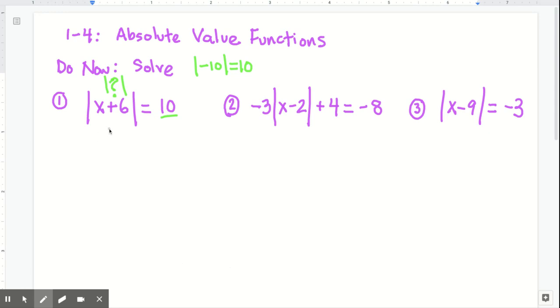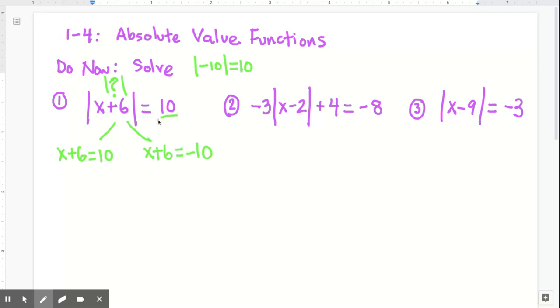So when you have an absolute value problem, you break it up into two scenarios. Either the thing on the inside is a 10, or the thing on the inside is a negative 10.